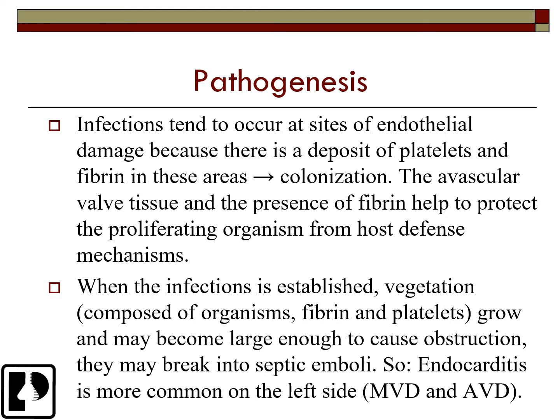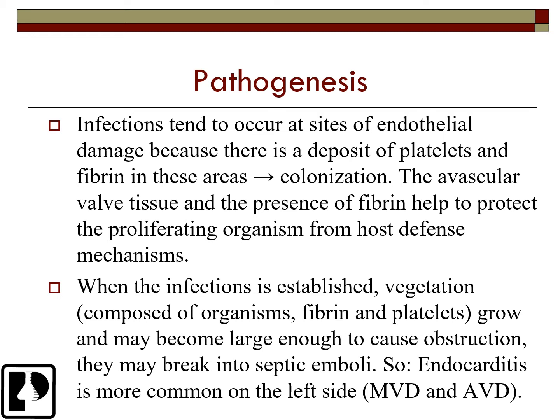This is the normal structure of the valve. It is a fibrin deposit, but in inflammation or the presence of an edematous valve, it makes the site easily infected by the bacteria. When the infection is established, vegetation, very important term, vegetation.